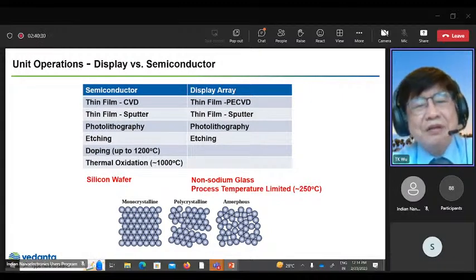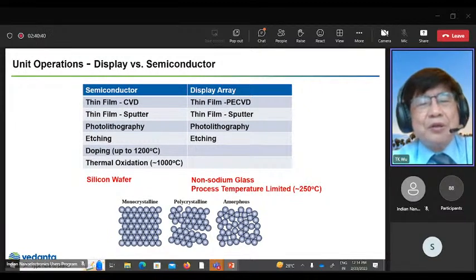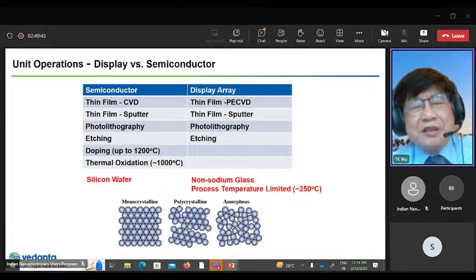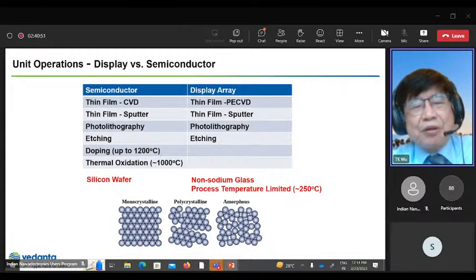Why is that? Because the display is a viewing device, so we have to use a transparent substrate like glass, not like a silicon wafer. Glass cannot tolerate too high a temperature, and especially for very high temperature glass like fused quartz, the cost is very, very high. It's a consumer product, so we have to control the cost.